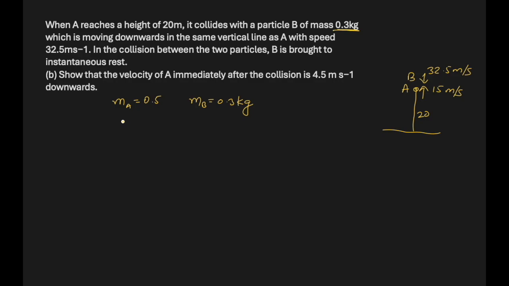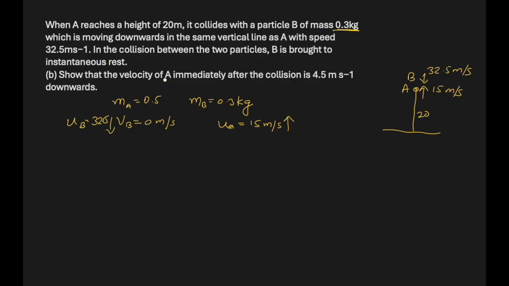So the final velocity of B is 0 meters per second. Initial velocity was 32.5 and it was downwards. The initial velocity of A is 15 meters per second upwards. What happens to it?